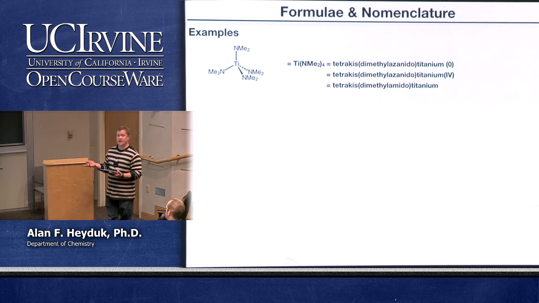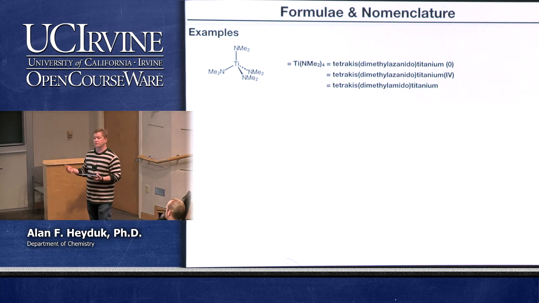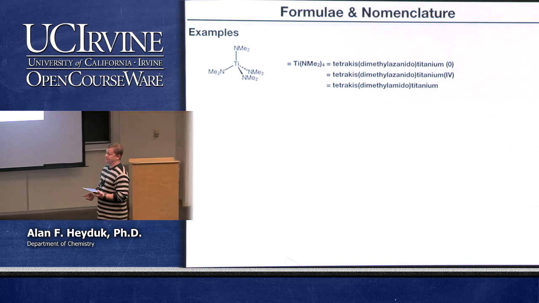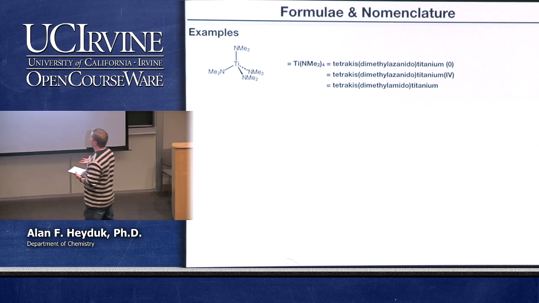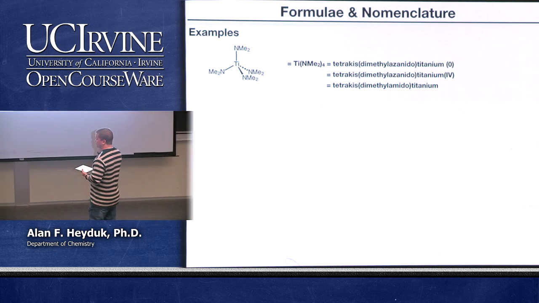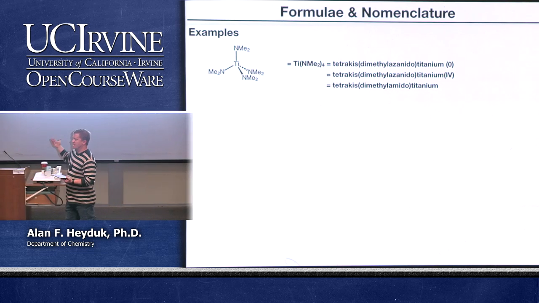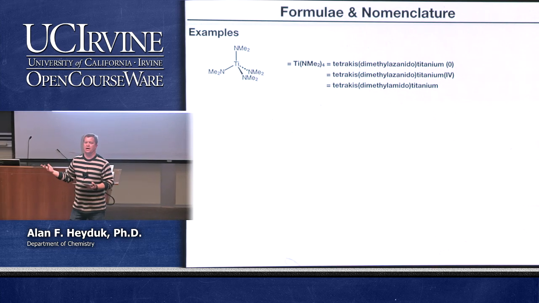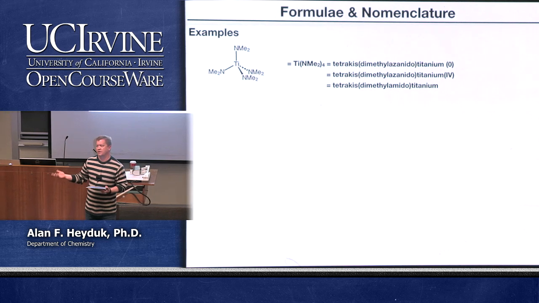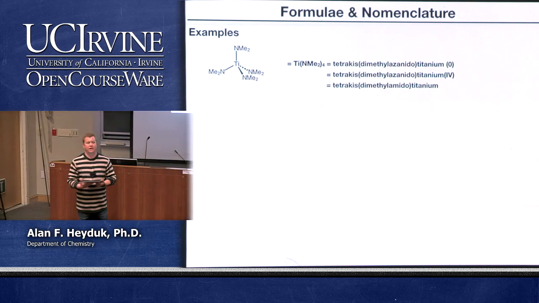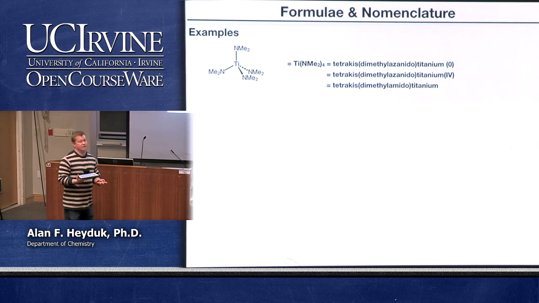Now it's 4 because the Stock system gives you the oxidation state of the transition metal. Sometimes that can be problematic. Now, how do you reconcile the Ewens-Bassett system saying that the charge on the complex is 0 with the Stock system saying that the oxidation state is 4? Well, they're in a way referring to different things.